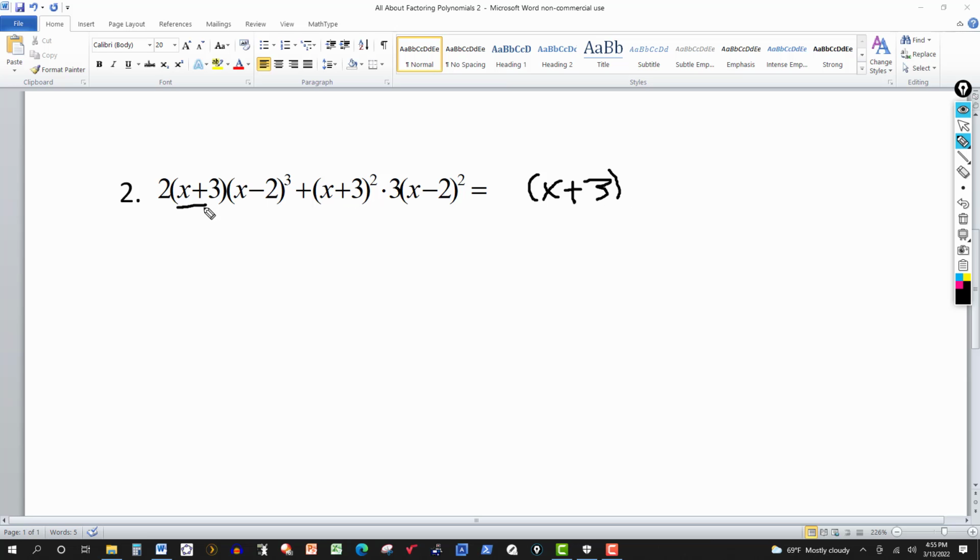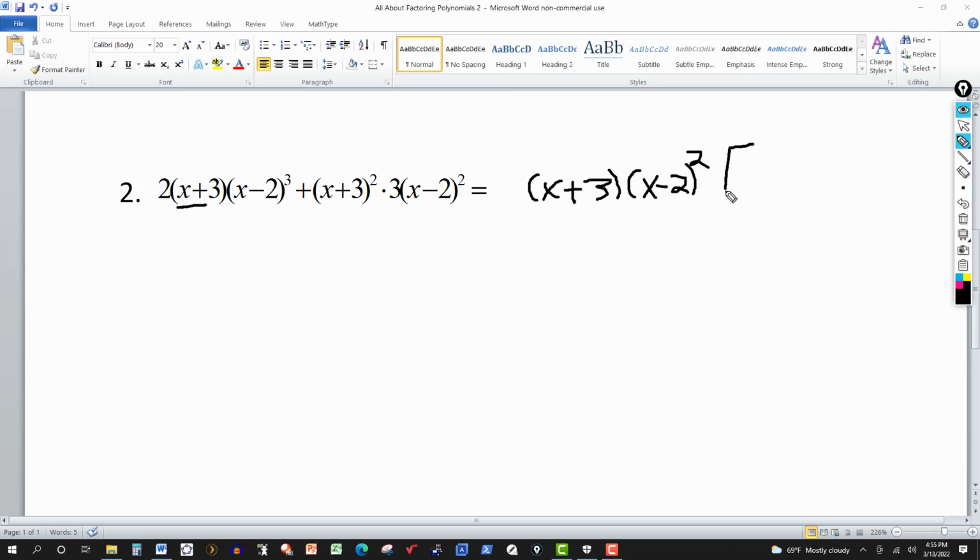Now what else? This one has a factor of x minus 2 to the third power. This one over here has an x minus 2 to the second power. So I can take out x minus 2 to the second. The highest power I can go is a 2 because this one has 3 and this one has 2. Can't take out a 3 because this one doesn't have enough.